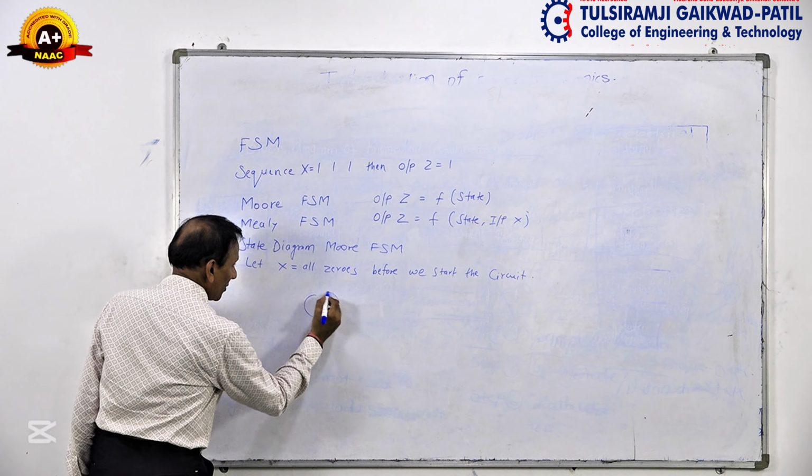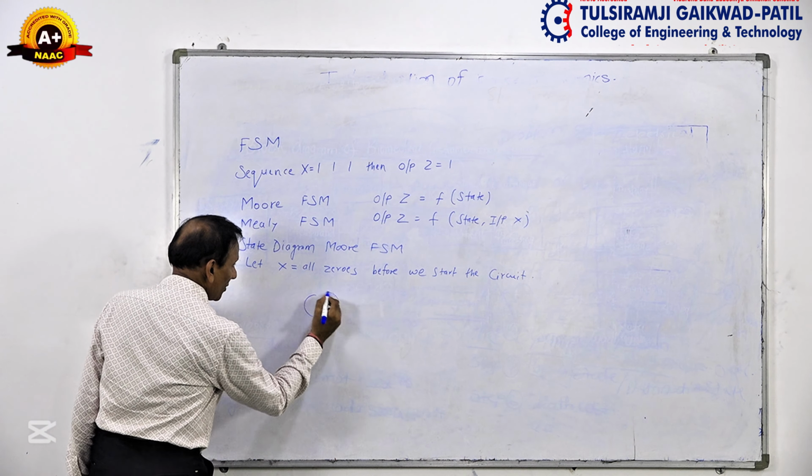Okay. So, the machine will continue in state A as long as our serial input X is equal to 0. The machine will advance further only when X is equal to 1.